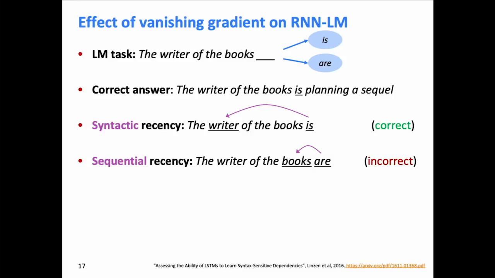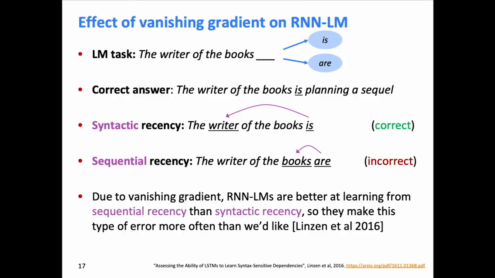The reason I'm bringing this up is because the second option would be incorrect, but it's a tempting option, because if you're mostly only paying attention to things that happened recently, then you might get distracted and think, oh, the books are, that sounds right. The problem here is that RNN language models are better at learning from sequential recency than syntactic recency.